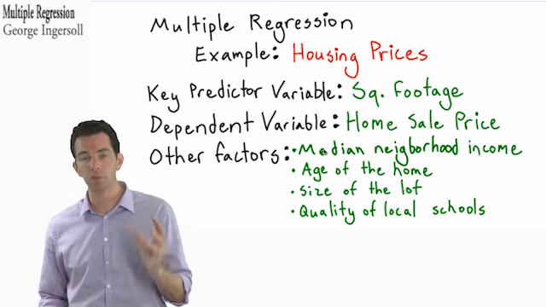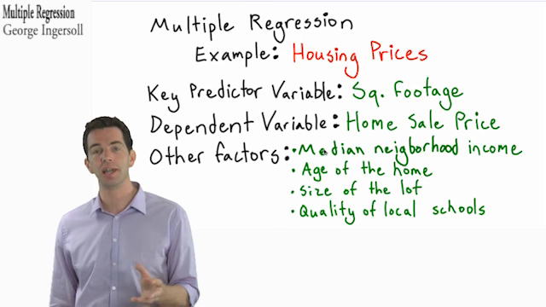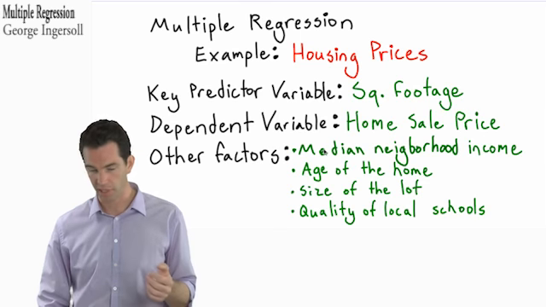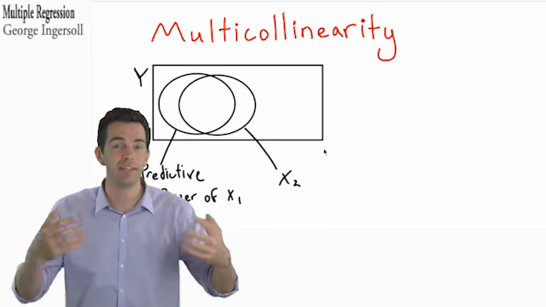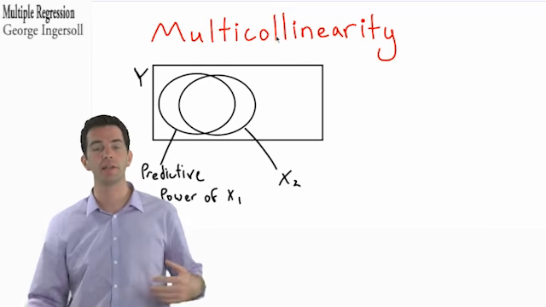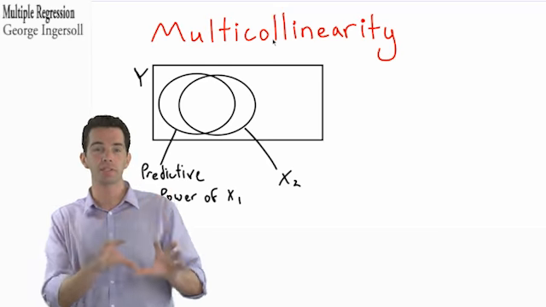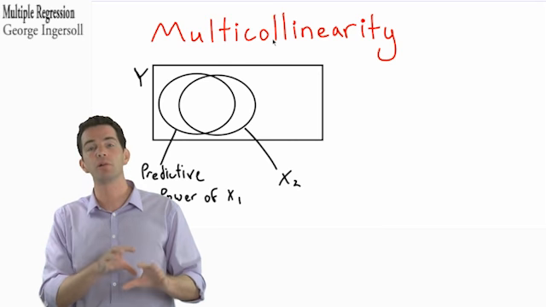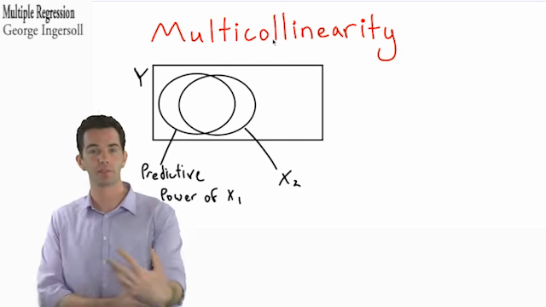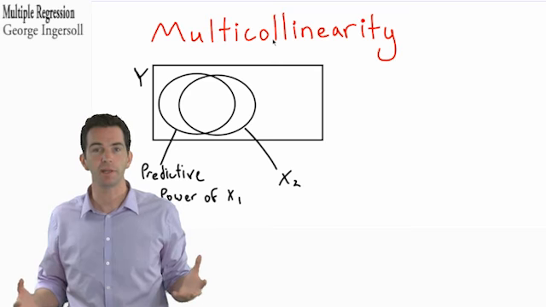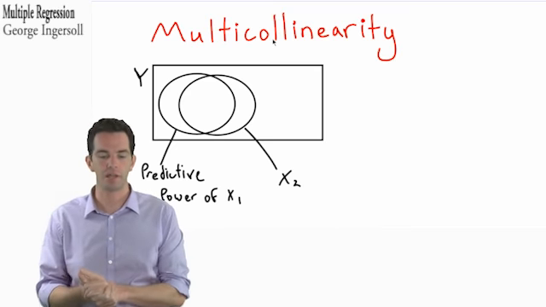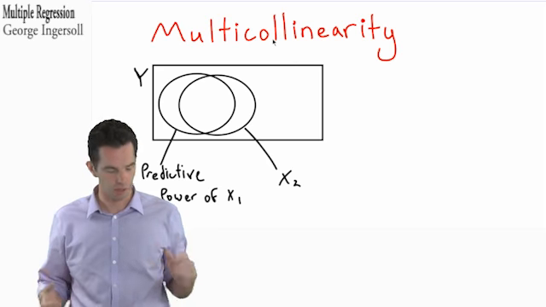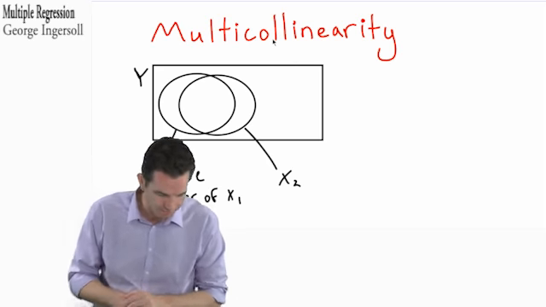Well, presumably the square footage and the number of bathrooms are going to be highly correlated with each other. And that's really what multicollinearity is: when you have two x variables that are highly correlated with each other, and therefore their effect on the dependent variable is kind of going to be the same. So you want to watch out for that and try not to run variables that are going to have a high correlation with each other.